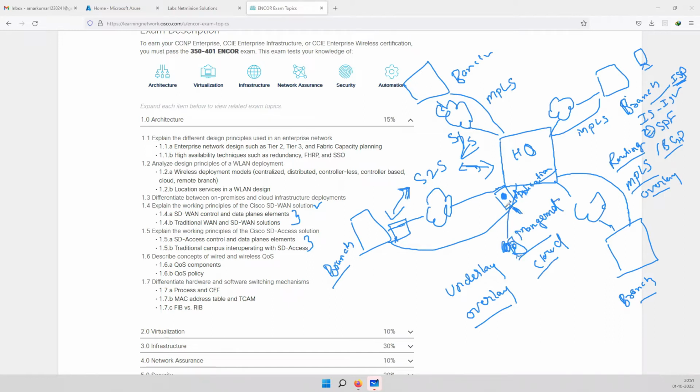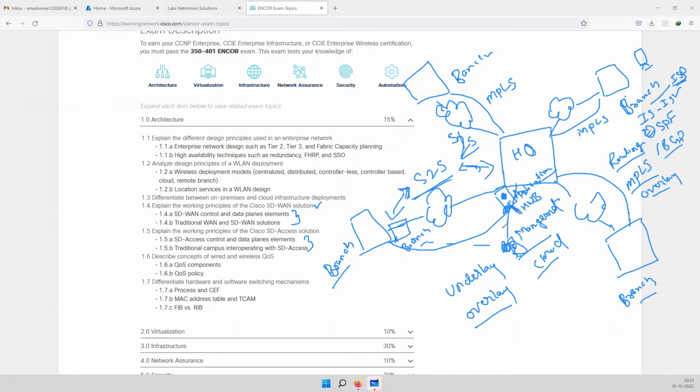That policy you can push to the hub device and the branch device. As soon as you put the policy, the branch device also connects to the controller over the internet. So when you push the policy, it takes very little effort to create a site-to-site VPN.